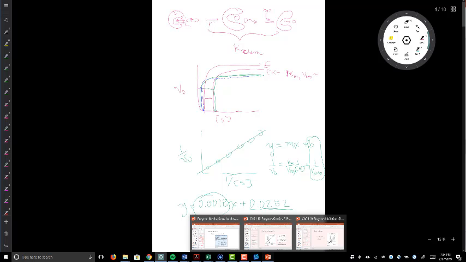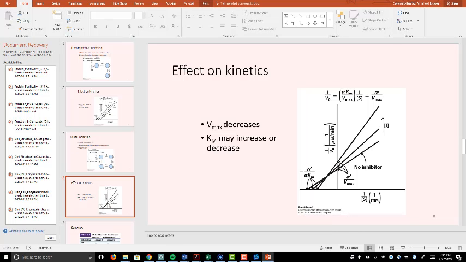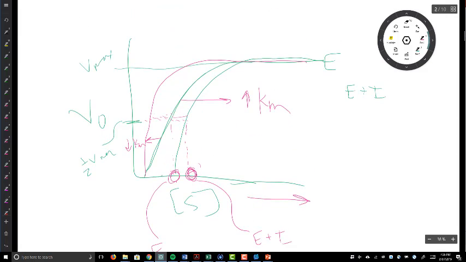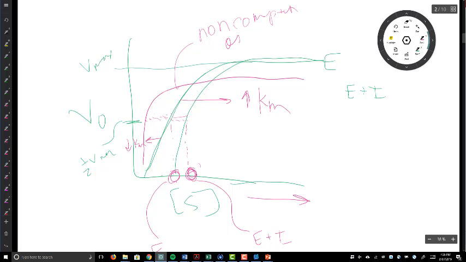So it would be accurate if I drew the curve on the left like this. That could be non-competitive. Yeah, non-competitive. Or maybe mixed, but probably going to be non-competitive.